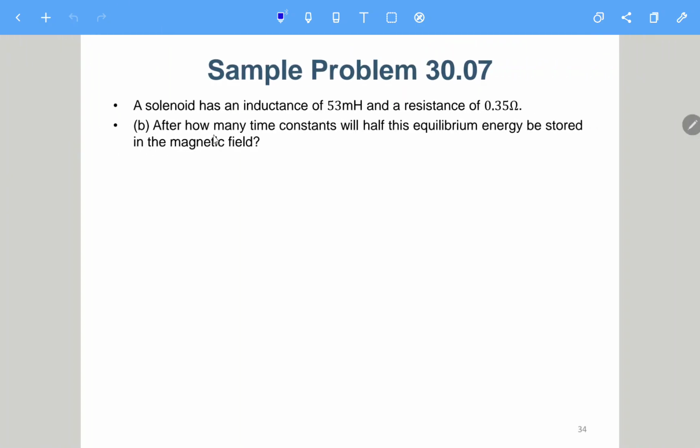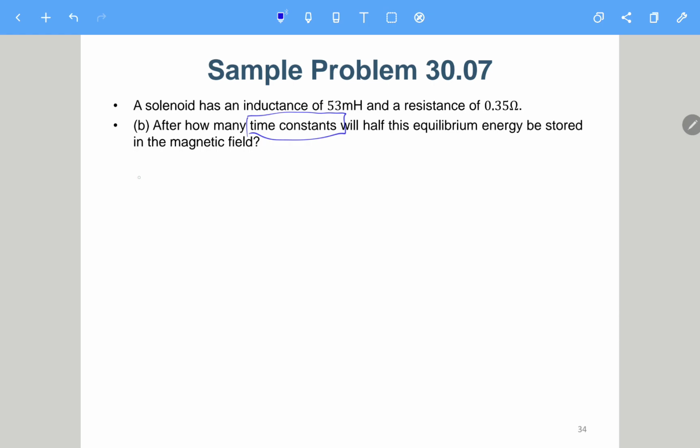Okay, so for part B, after how many time constants will we have half of this equilibrium energy stored in the magnetic field?